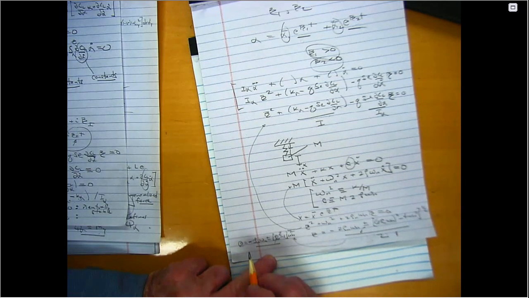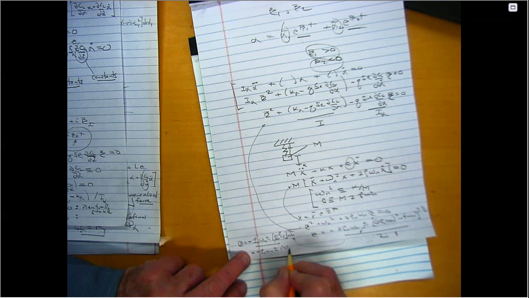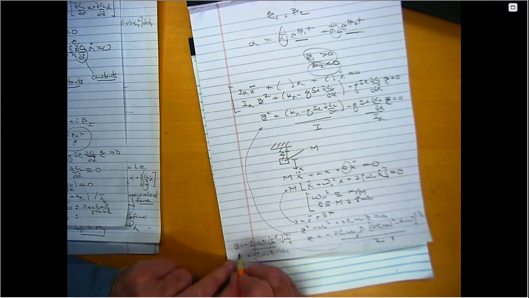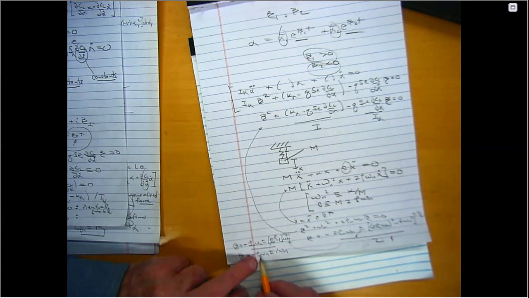So very approximately, this is minus zeta n omega n plus or minus i omega n. That's beta. If there's no damping in the system, if zeta n is 0, then this is just an oscillator. Right? And if zeta n is positive, it's a damped oscillator.